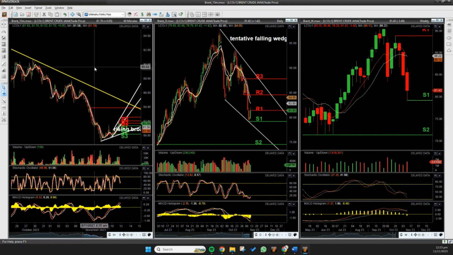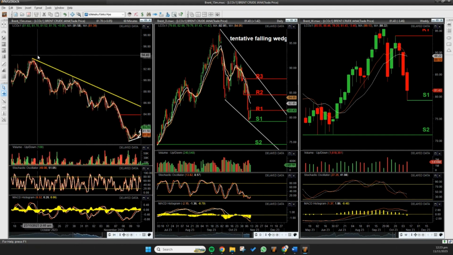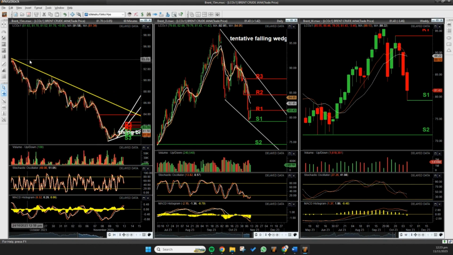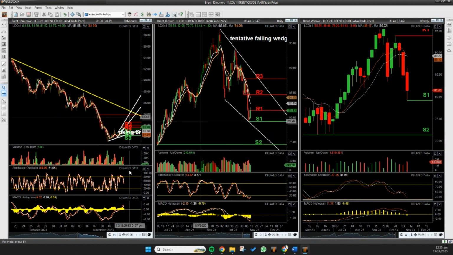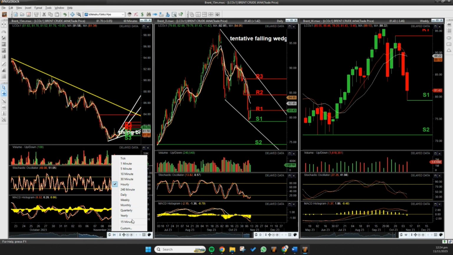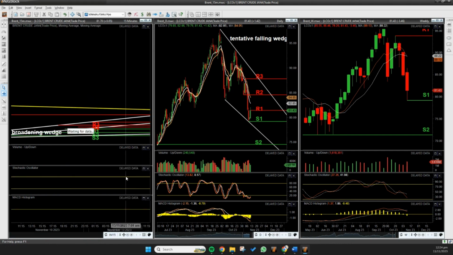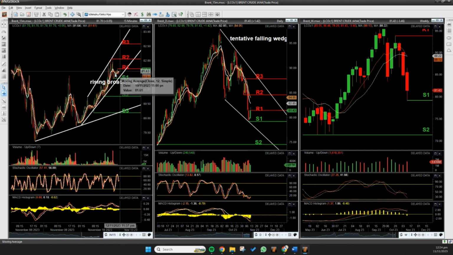On the hourly intraday chart, we can see that we are still well below a trend line, which is here on the daily chart. On the 15-minute chart, it is all a little bit more granular. We are still moving higher, but there is a chance for the market to open weak this morning.